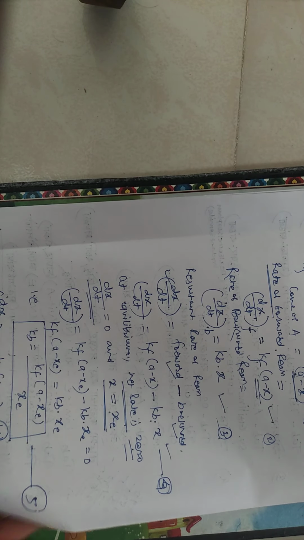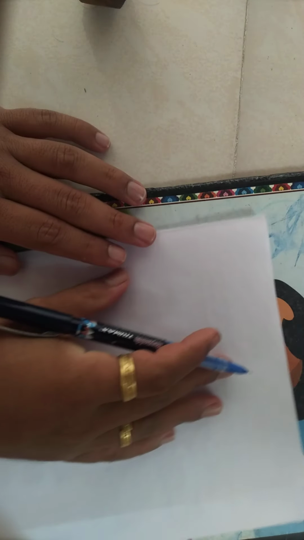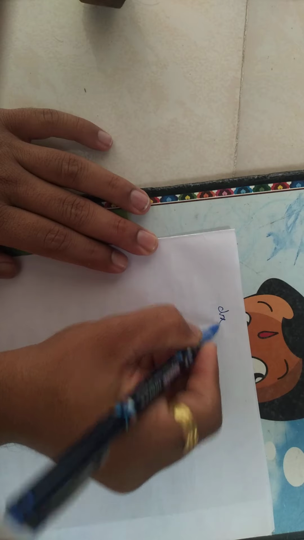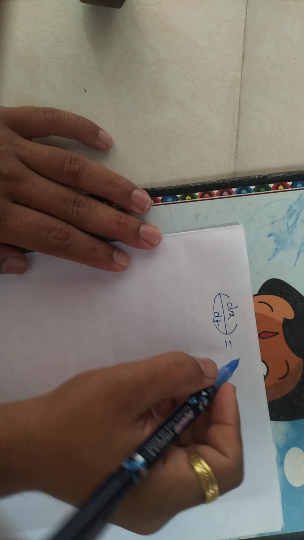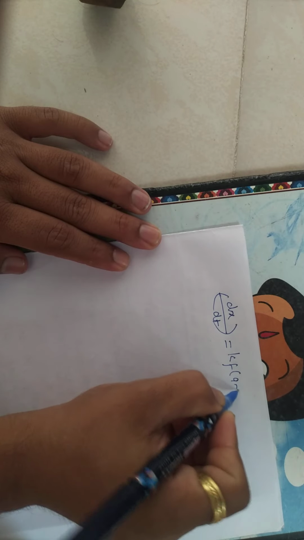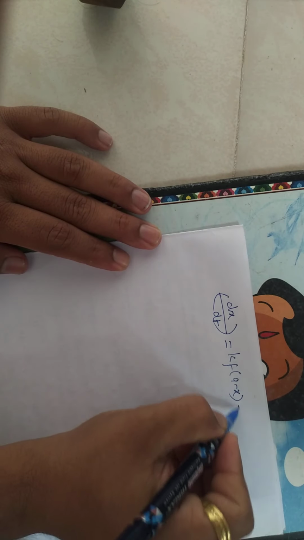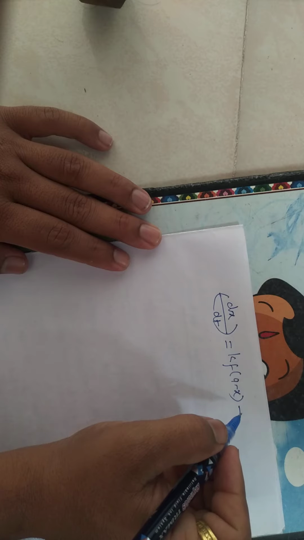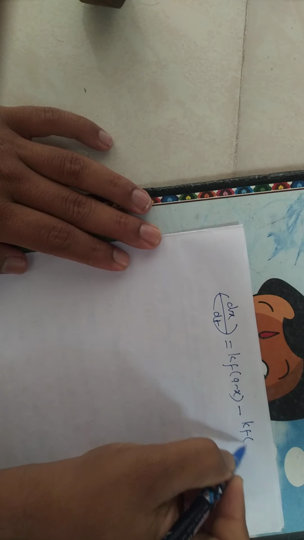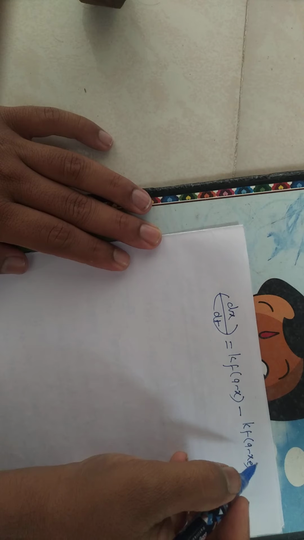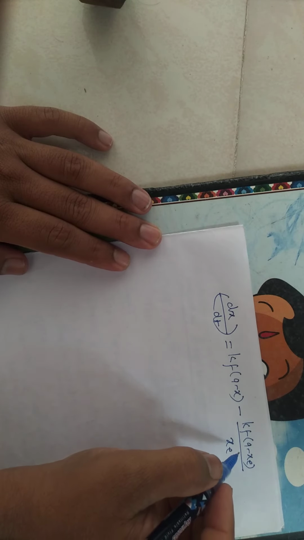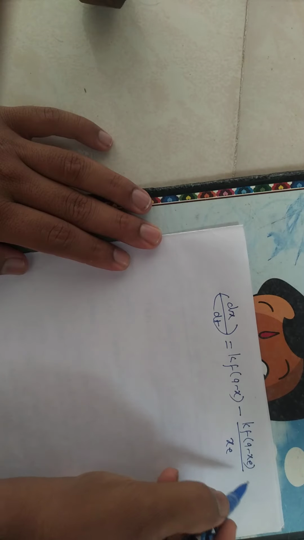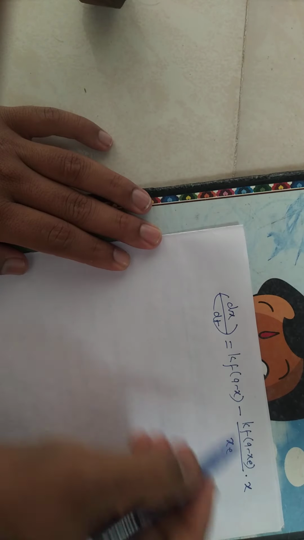So now dx by dt is equal to kf into a minus x minus, now we put directly the value of kb, that is kf into a minus xe divided by xe. So this is the value of kb, and one more factor remains, that is x.